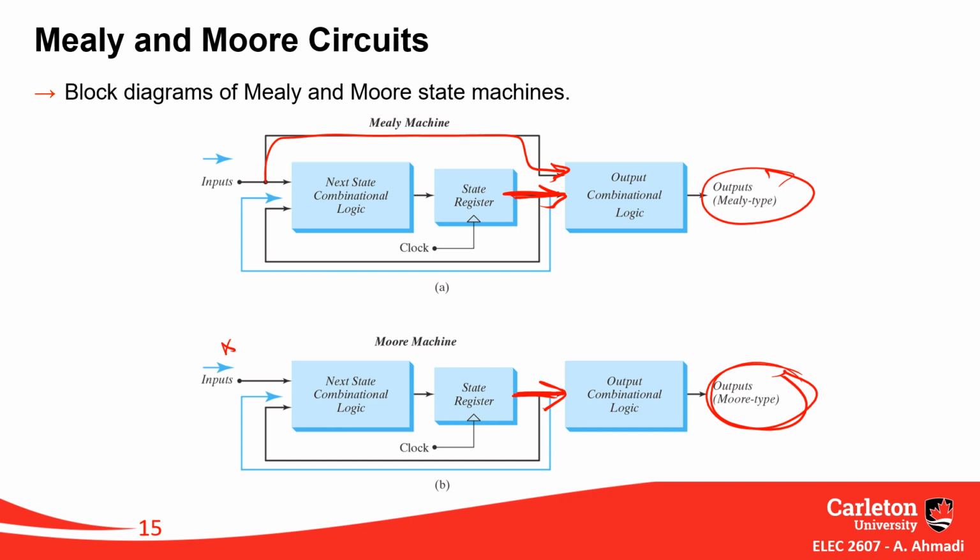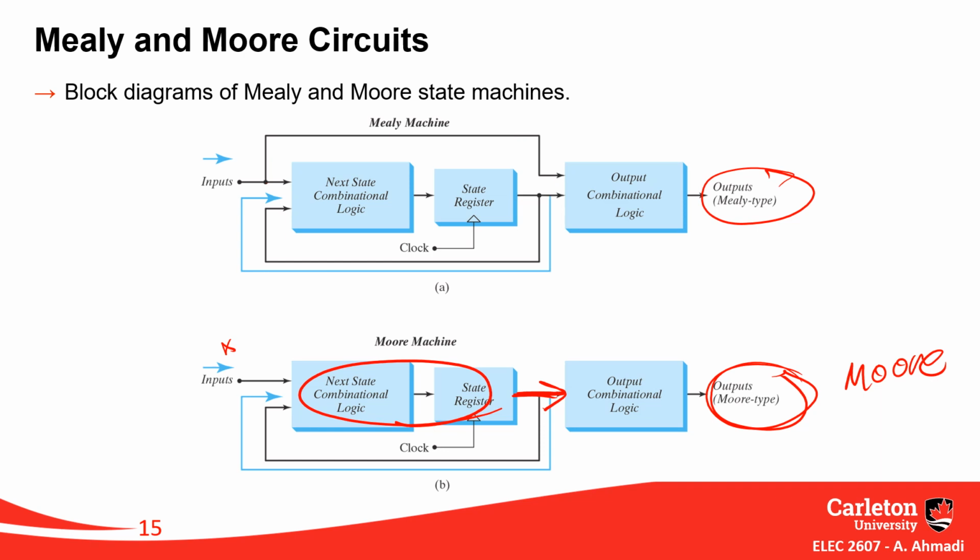So input will change the states and state will change the output in Moore machine. In Mealy machine, the inputs will change the state and at the same time they might change the output directly as well.